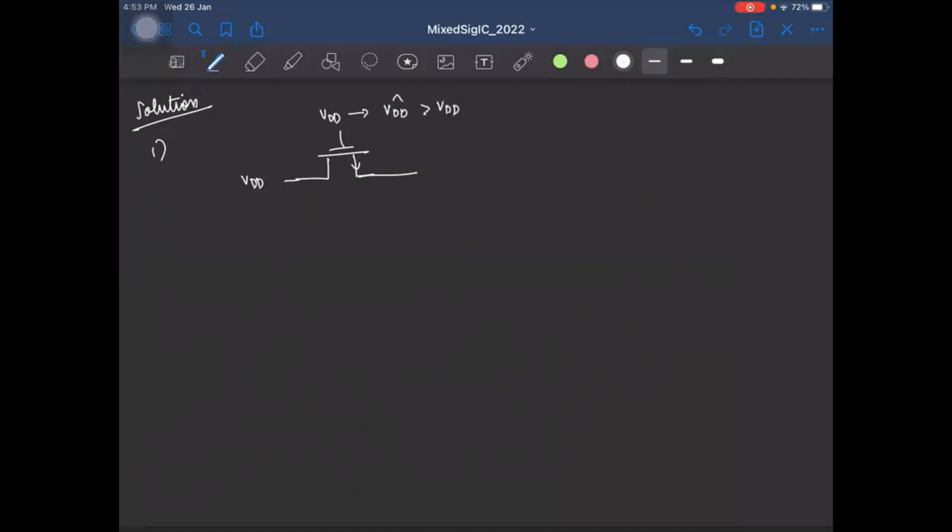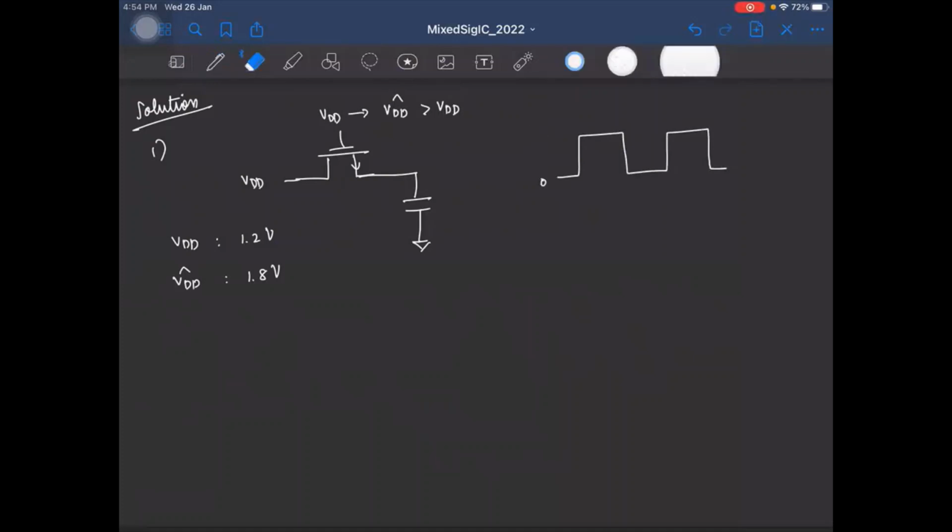So this is a capacitor here. For example, let's say your nominal VDD is 1.2 volt. You can get supplies of, let's say, 1.8 volt, and use it to control the gate of the NMOS. So instead of having a signal going from 0 to 1.2, now you'll have the clock fed to the gate going from 0 to 1.8 volt.